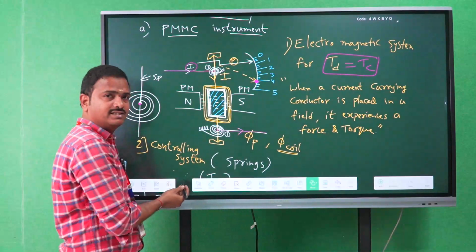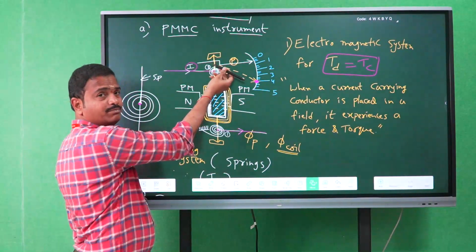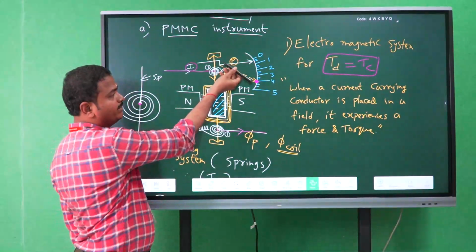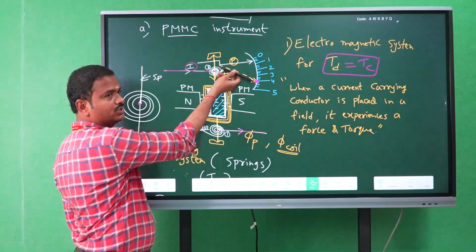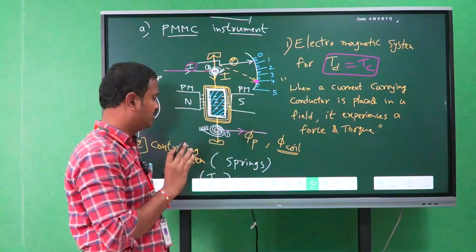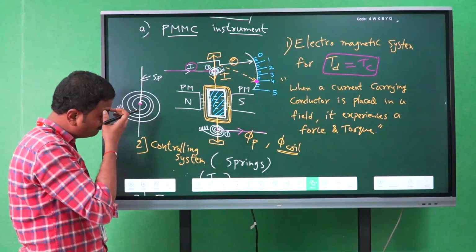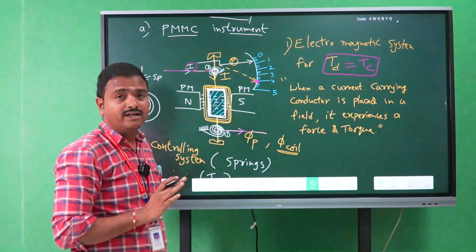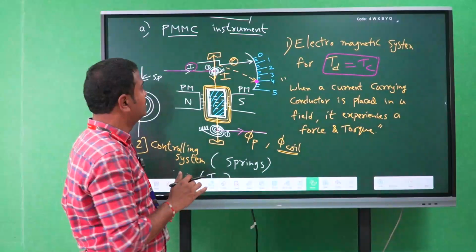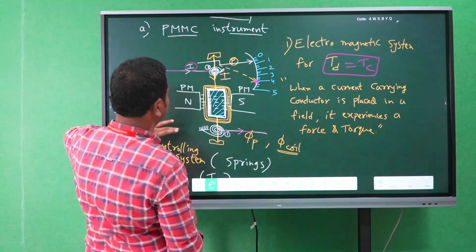Due to the controlling system, the pointer stops at the 4 amperes position, and due to the damping system, the oscillations made by the pointer are also reduced. Deflecting force, controlling force and damping force: these three are the basic requirements for constructing any indicating instrument. Clear? So what are the applications of PMMC instrument?